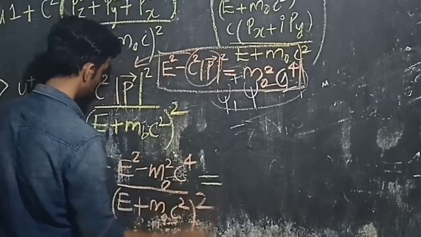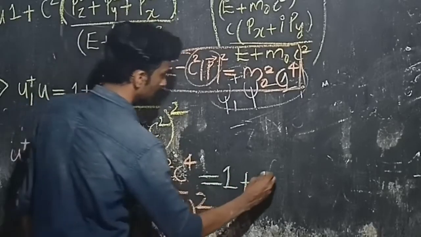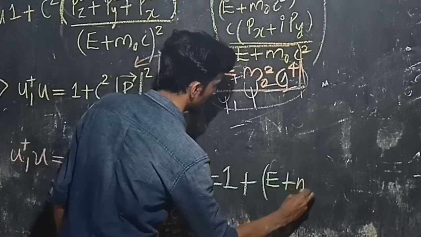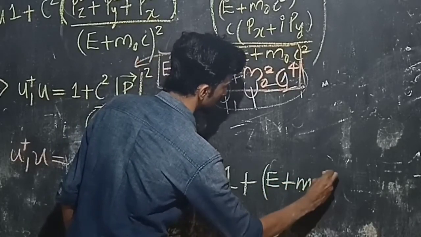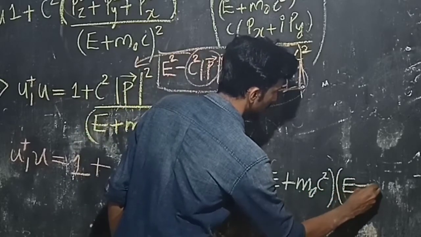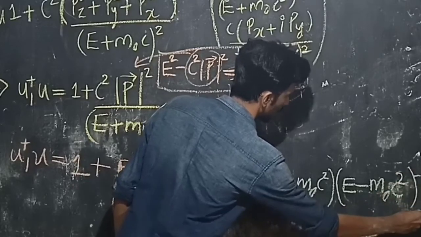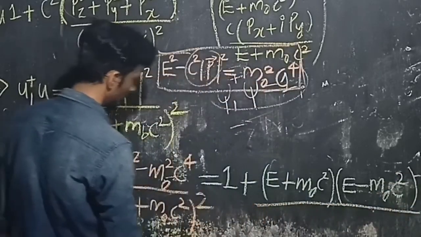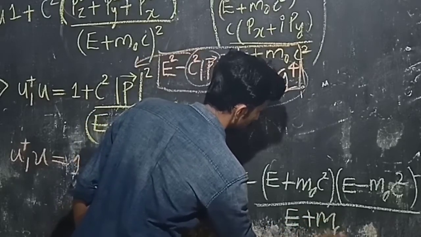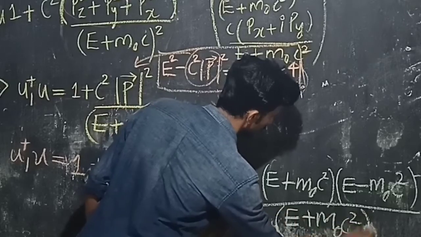This is actually equal to 1 plus E plus m naught c square times E minus m naught c square over E plus m naught c square whole square.